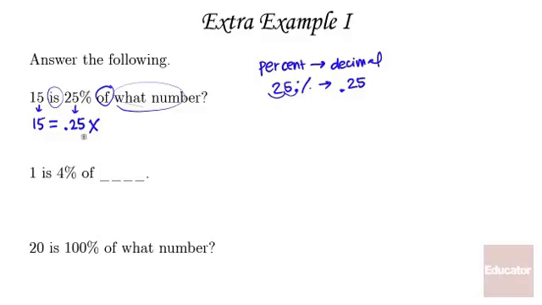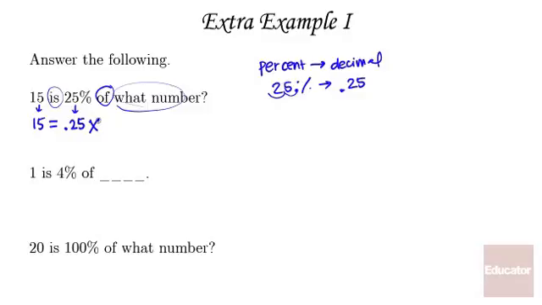Or if it's a number with a variable, a letter, then you can just put them together. So 0.25x means 0.25 times x. Here's our equation now. This is what I'm solving for: 15 is 25% of what number? This is the number that I'm looking for.